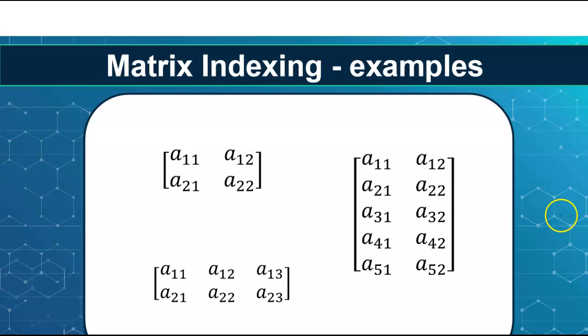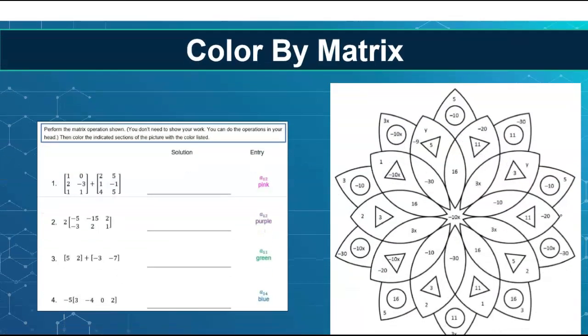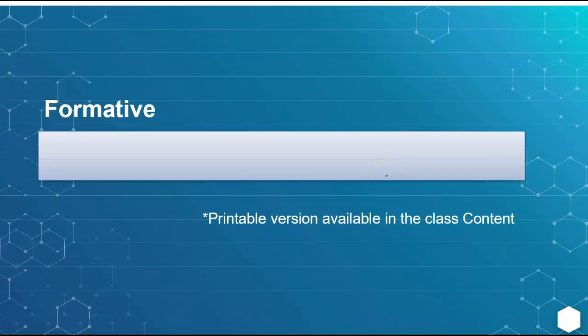matrix. So our activity today involves solving addition and scalar multiplication matrix problems. And then we're going to do a color by number based on our solutions. The color by number is in Formative, and the link is in your class.